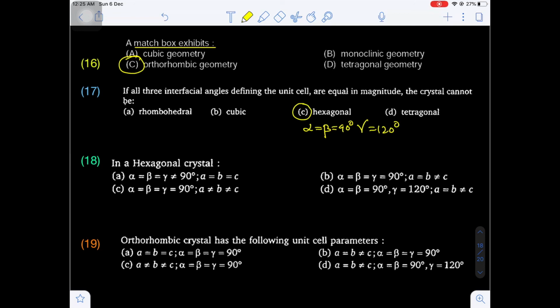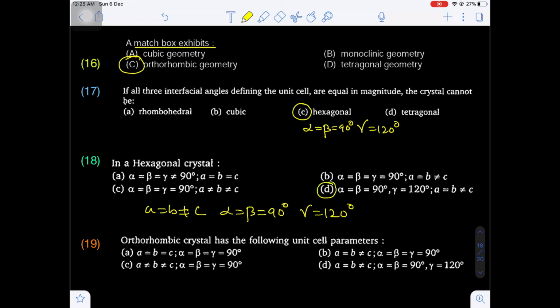Now question number 18. In hexagonal, a equal to b but not c, alpha and beta equal to 90 degrees, whereas the gamma value equal to 120 degrees. Question number 18, the answer will be the D option.